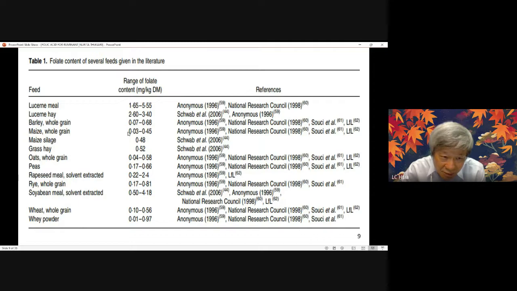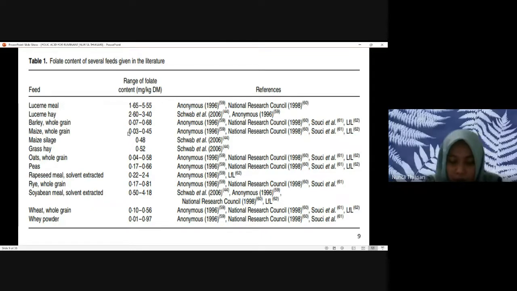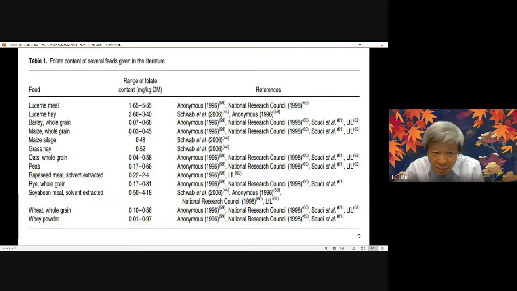Of course here the grass hay is also very low, but why is the lucerne hay very high in folic acid? Maybe we need to check this part. Yeah, I will check. Yes, Professor. Thank you.